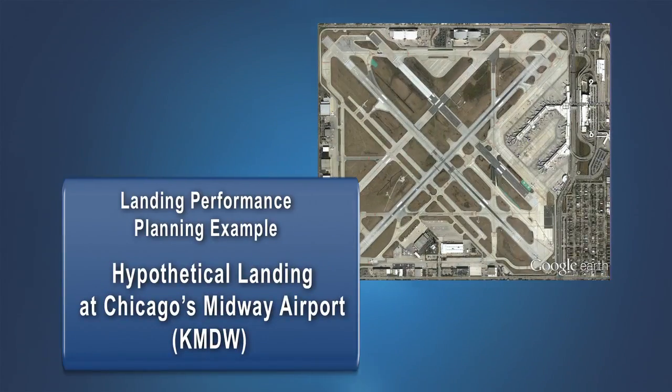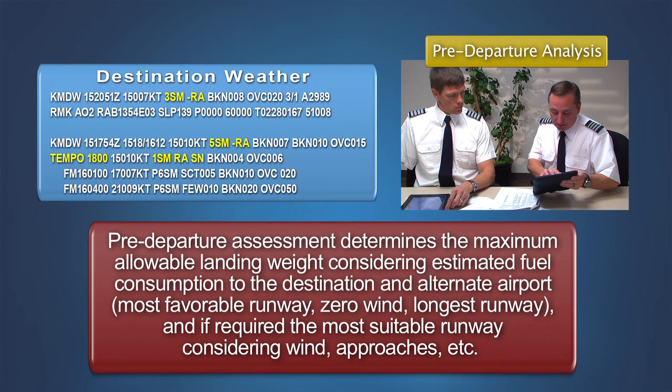Let's look at a hypothetical landing performance planning example using Chicago's Midway Airport. The pre-departure landing analysis includes a review of current and forecast weather at the destination airport and the alternate airport, and a determination if the landing weight upon arrival will permit the factored landing distance to be less than or equal to the landing distance available.